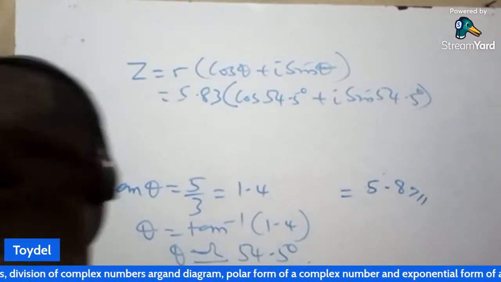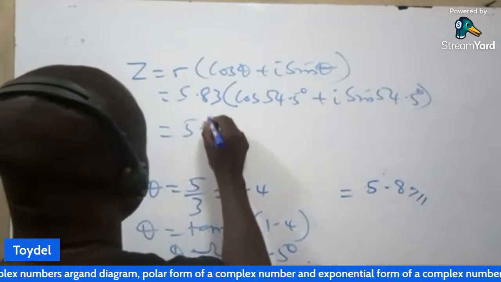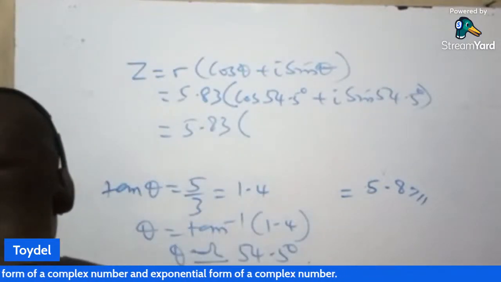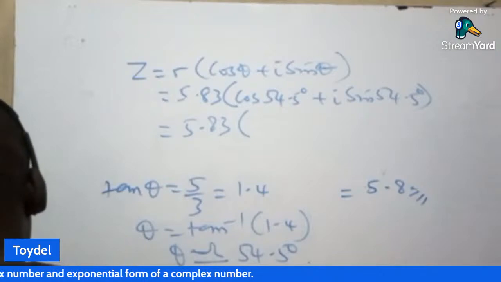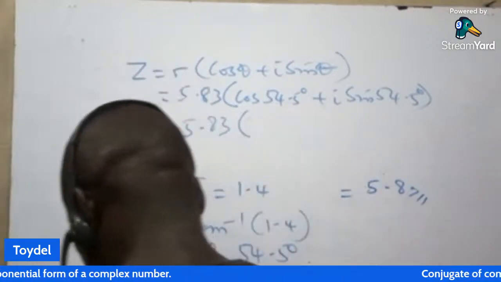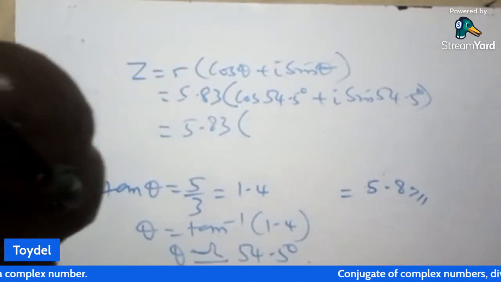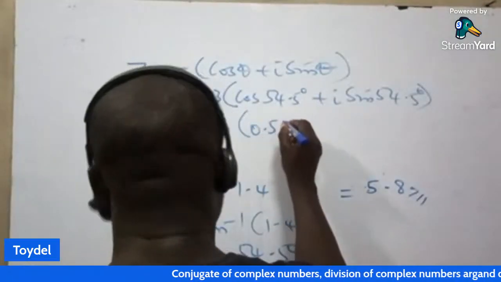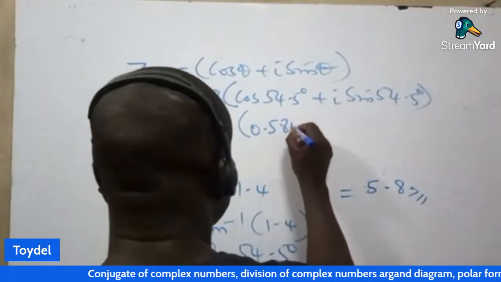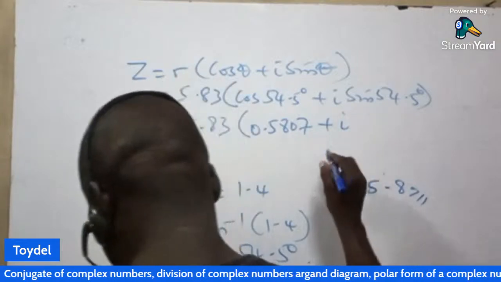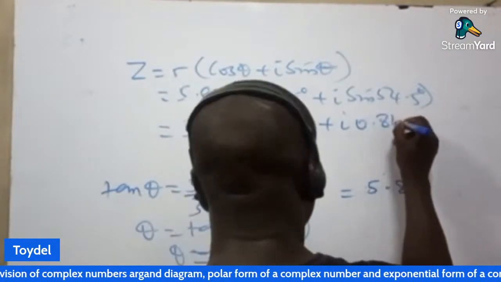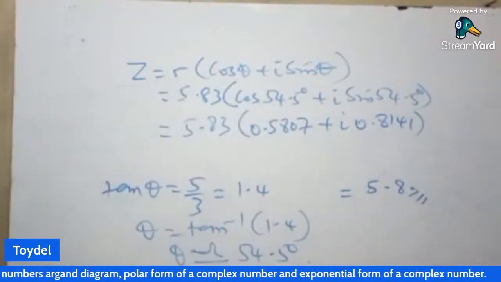What is cos 54.5? You can check from the four-figure table. That will give 0.5807, plus i sin 54.5, which gives 0.8141.